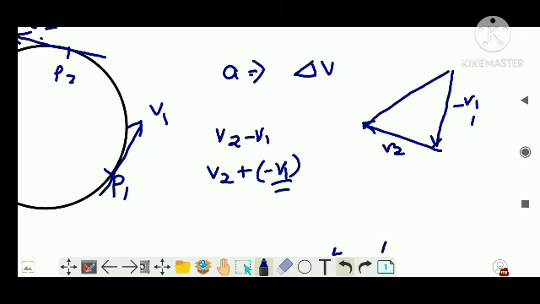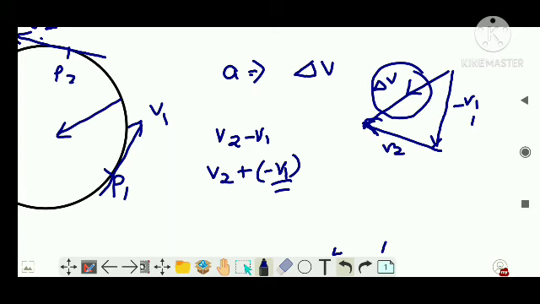Now this section, which one? This one. If I take that direction, this will be delta V. I have told you about the triangular method; you can draw it by yourself. So if I just take the direction of delta V, you will see it is in this direction.